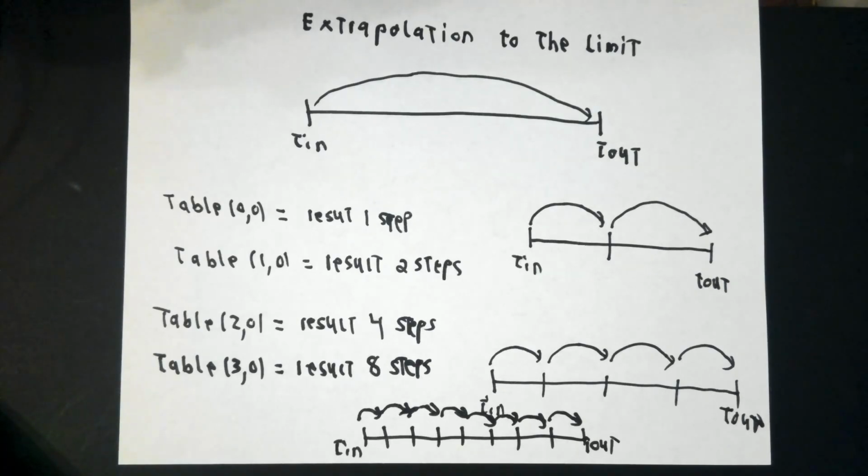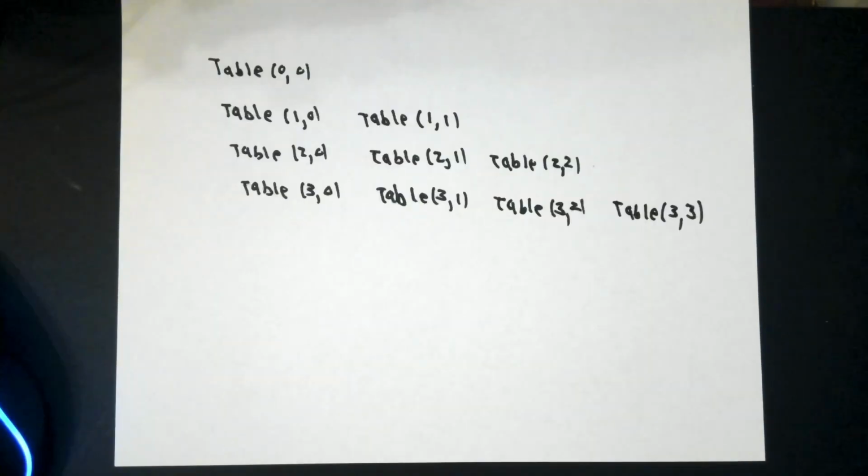If I wanted to, I could do 16, 32, 64, and so on until I decided that I'd done enough of this. For purposes of illustration, I'll let the largest index, either row index or column index, be 3, although similar ideas will let you do as many rows and columns as you care to.